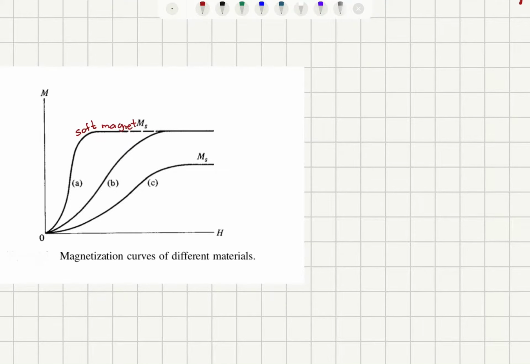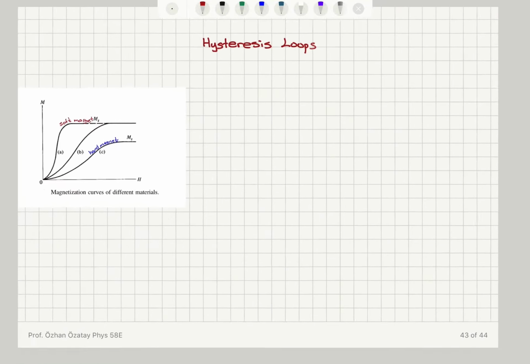On the other hand, if you look at C, for example, this requires a relatively large field in order to reach saturation. That we would call a hard magnet. So that's basically the main idea. If you want to look at B, well, B is harder compared to A, but softer compared to C. So that's basically the terminology we use.